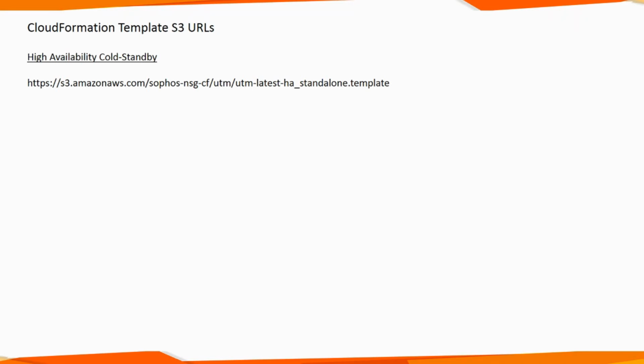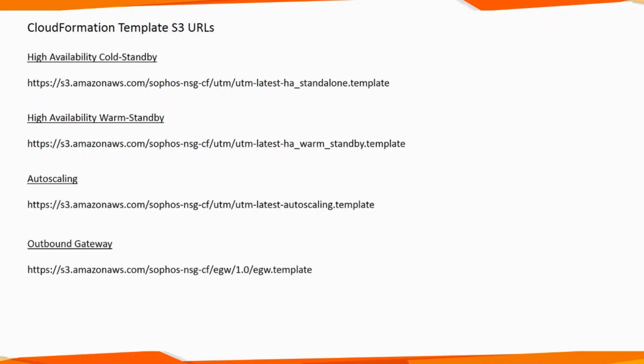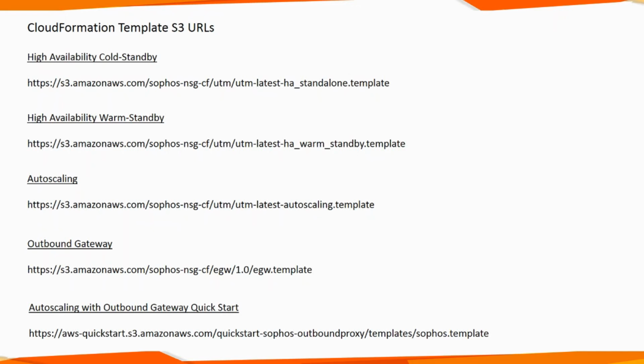So for the URLs to the S3 buckets, if you want to use them, I'll bring them up for you here. Here's one for high availability with cold standby, one for warm standby, one for auto scaling, one for the outbound gateway instance itself, and then of course one for the AWS quick start to auto scaling with outbound gateway.